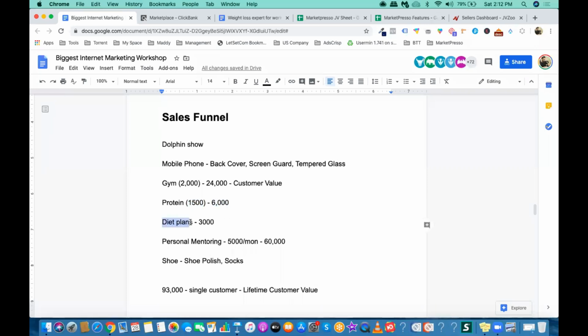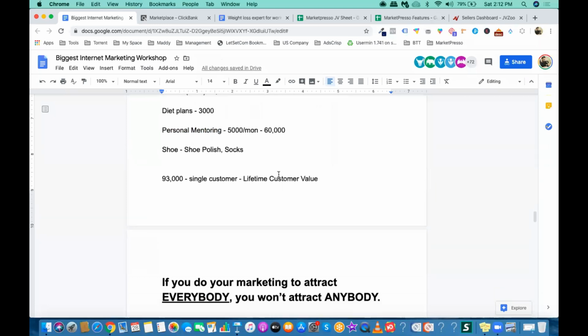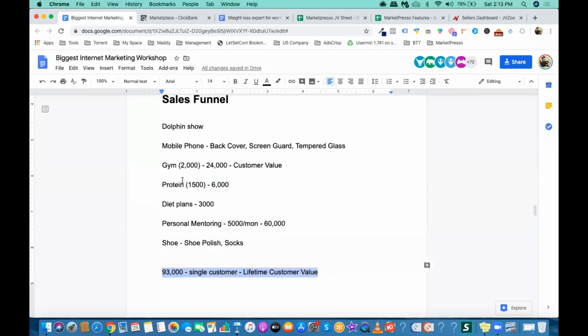Then they give you the diet plans, which is like 3,000 rupees one time. Then they tell you about the personal mentoring, which is about 5,000 rupees a month. And ultimately, the lifetime customer value for 1 year is 93,000 rupees, whereas once we were joining the gym, it was just 2,000 rupees a month.